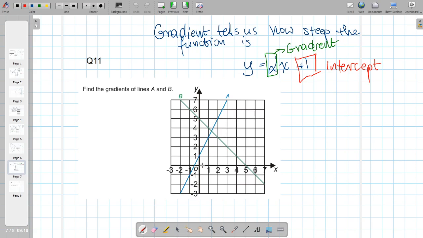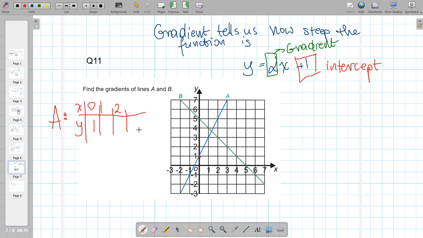Here we need to do a slightly different thing. We don't know the values, but we can quickly draw a table of x and y for just a few values. So I would start with 0, 1, 2. For x equals 0, which is here, y is 1. I'm talking about line A. So y is 1, this is our intercept, please remember.